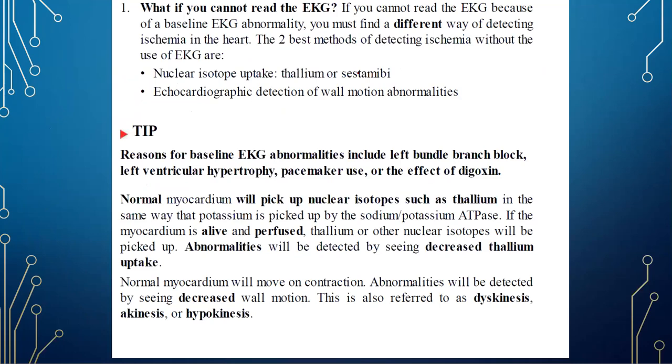At that time, doing an exercise tolerance test doesn't help. So if there is a baseline ECG abnormality, then you order either a nuclear isotope scan or an echocardiogram. The nuclear isotope uptake scan, usually we call it thallium scan. And also we can do echocardiogram.